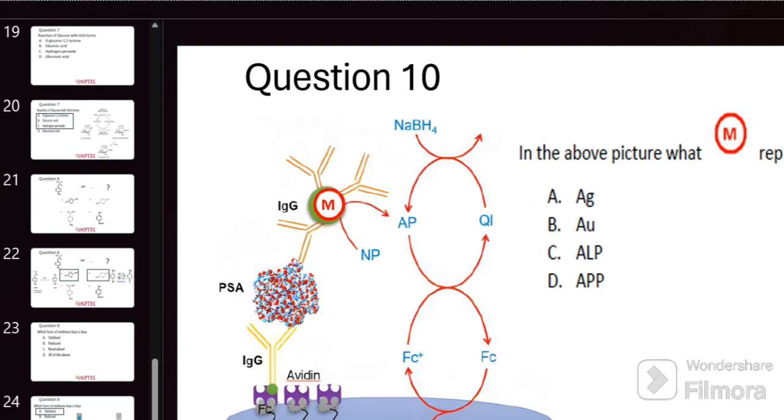Then there is basically an entire redox reaction happening so as to increase the signal. So what we need to find out is what is the labeling element here. So what does M represent? Whether it is Ag, that is silver, Au, that is gold, ALP, that is alkaline phosphate, or APP, aminophenyl phosphate.